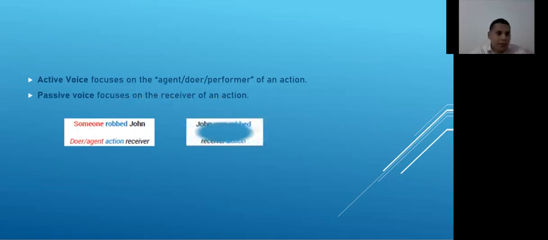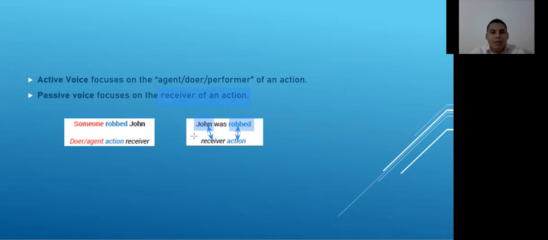Example, the same sentence. John is the receiver, was robbed. Simple as this. Okay. So John, now the sentence is focused on John because the passive voice focuses on the receiver of the action. Then what happened to John? Oh, he was robbed.